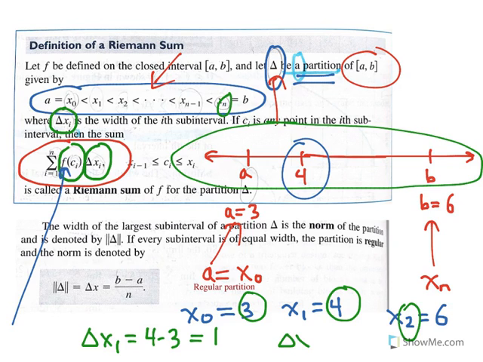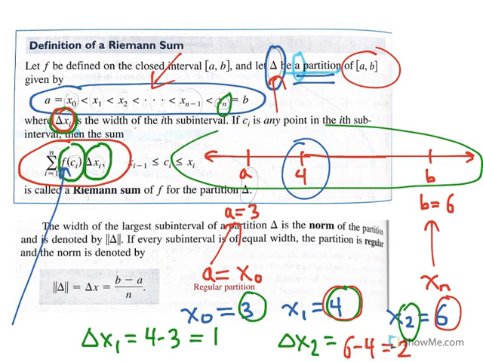If I look at delta x sub 2, it's going to be 6 minus 4, and the width of my second subinterval will be 2. So delta x sub i represents the width of the ith subinterval.